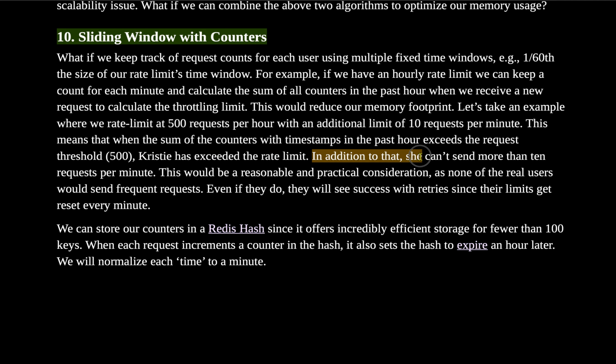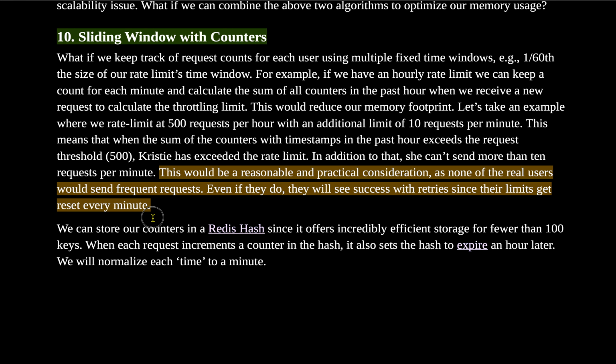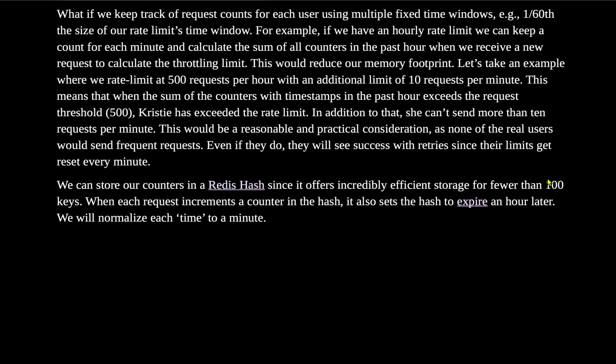In addition to that, she can't send more than 10 requests per minute. This would be a reasonable and practical consideration, as none of the real users would send frequent requests. Even if they do, they will see success with retries since the rate limit gets reset every minute.